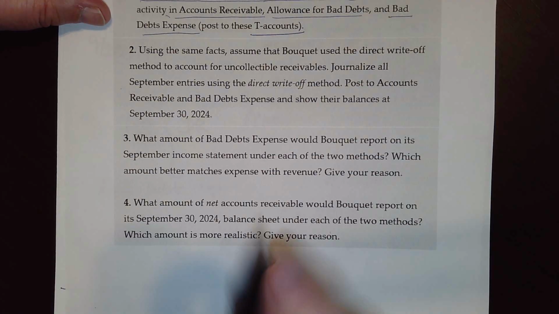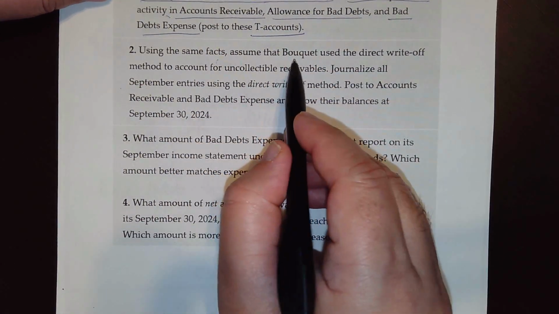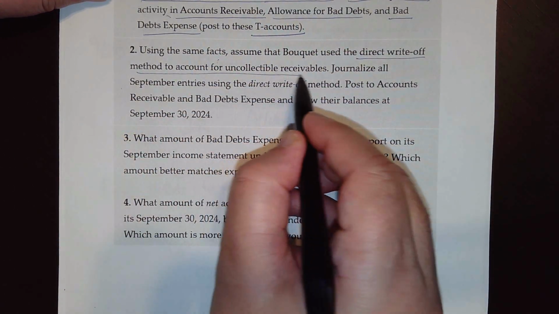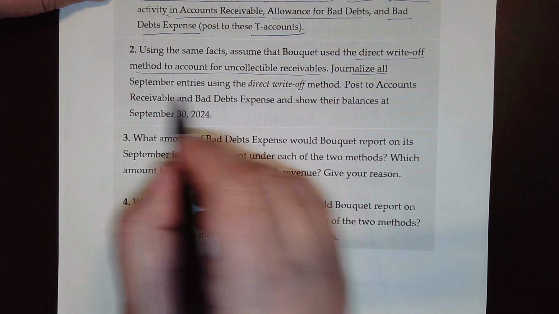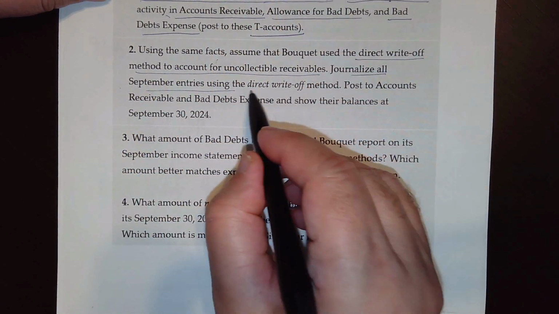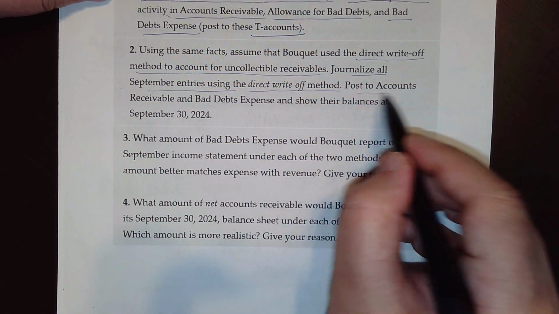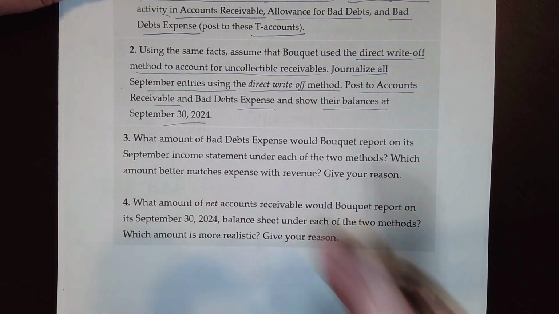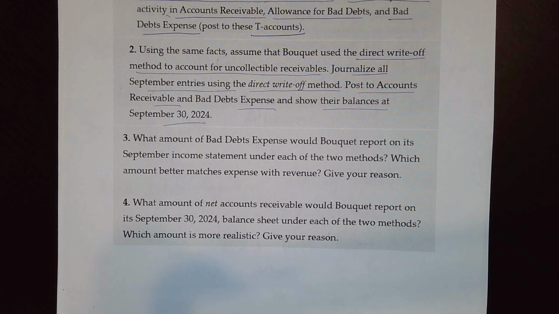All right, the next thing is the next requirement. What is the next requirement? Using the facts, assume Bouquet used the direct write-off method to account for uncollectible receivables. Journalize all September entries using the direct write-off method and post to the accounts, receivable and bad debt expense, and show their balance at September 30. So now we are going to do the same question all over again using the direct write-off method.